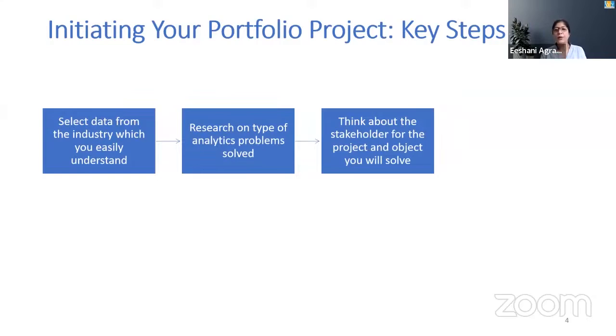Always start with a theme in your mind. Always start with a business objective in your mind. If you go vague, that project becomes vague and holds no significance in interviews or on your resume. Have a proper business objective that, with my project, this is what I'm going to solve.